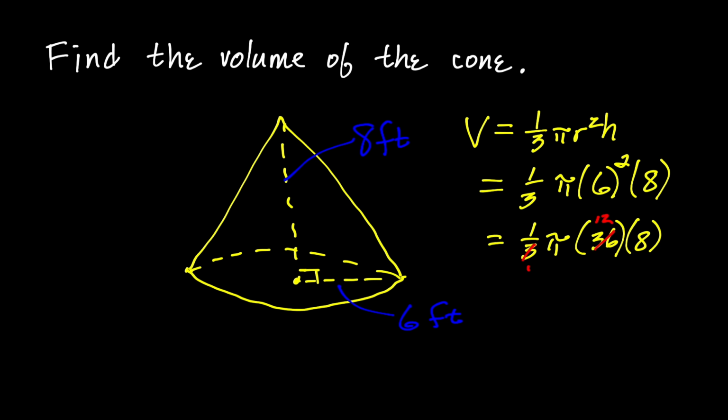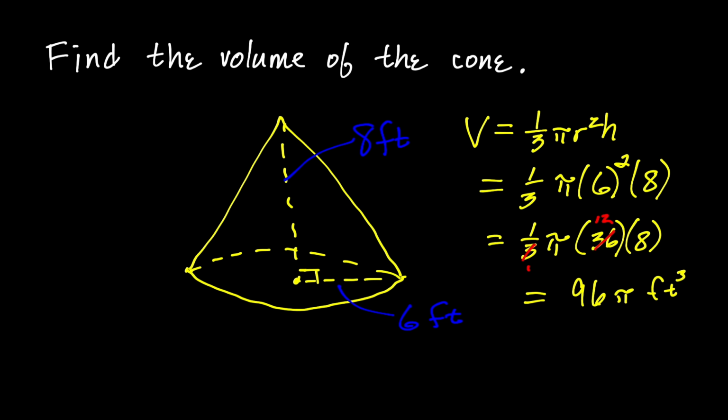So that equals 96 pi cubic feet. The reason it's cubic feet is because our original dimensions are in feet. This is the volume, how much space this cone would take up.